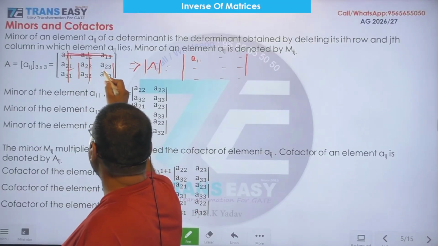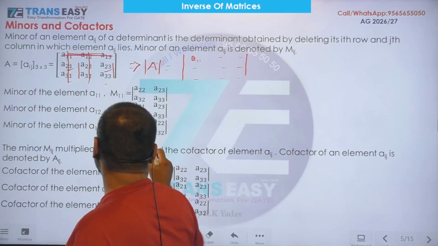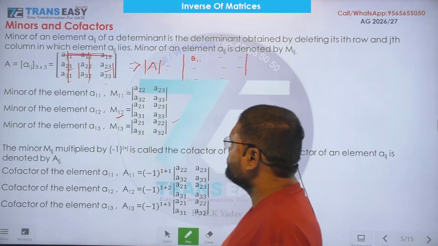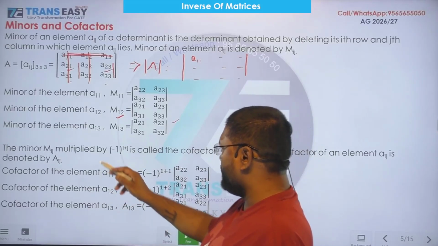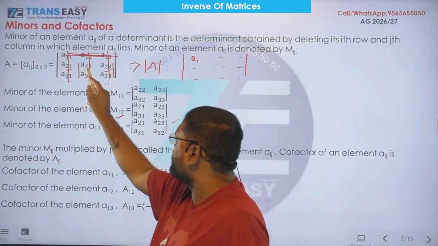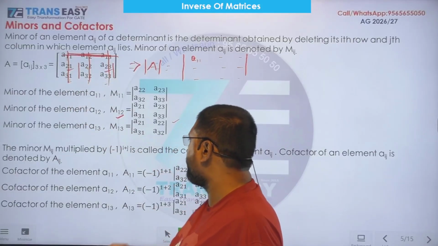So A21, A23, A31, A33. Right. Minor of the element A13: A21, A22, A31, A32.